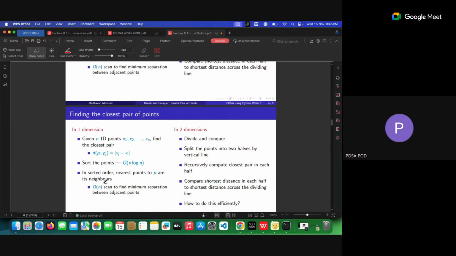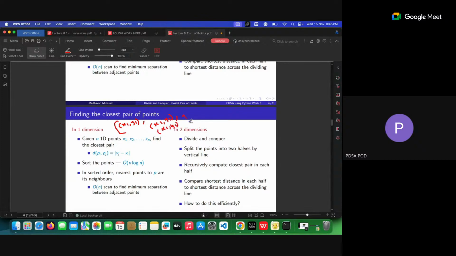So x1, x2, x3, all these points are arranged in 1 dimension. A point like x1, y1 includes the 2 coordinates. Another point is there, which also has x1, y1, and another point, also x1, y1.